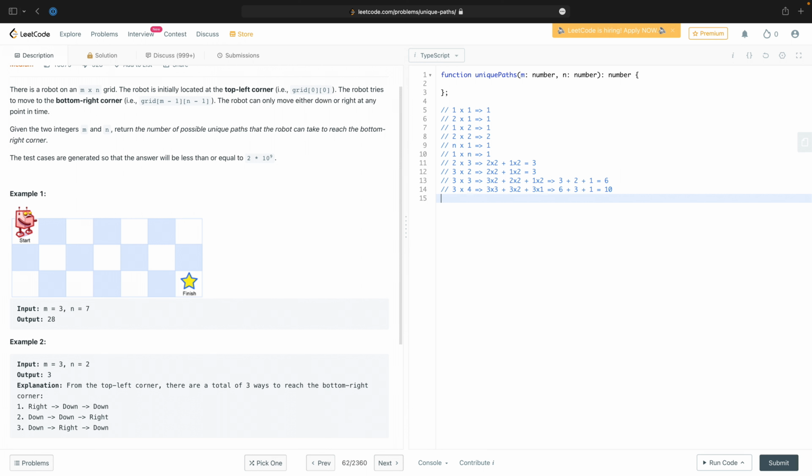That's 10. So hang on, a 3 by 7, which is what we're looking at here, should be a 3 by, so this is a 3 by 7, well it's a 3 by 6.